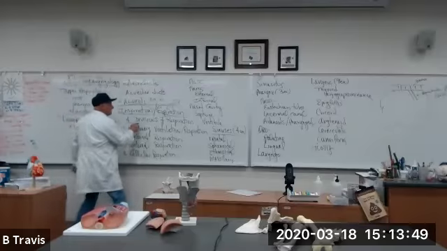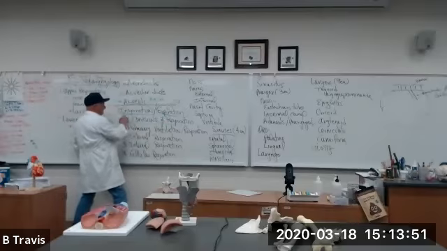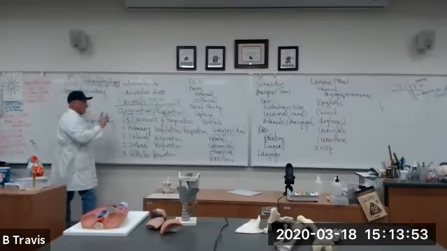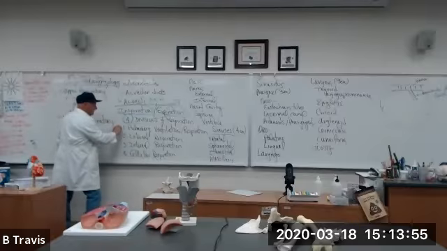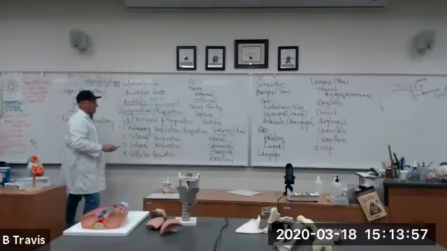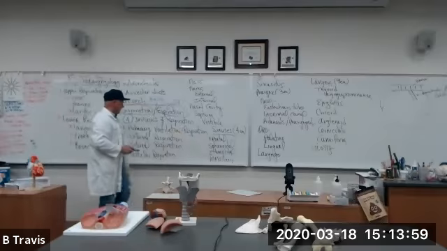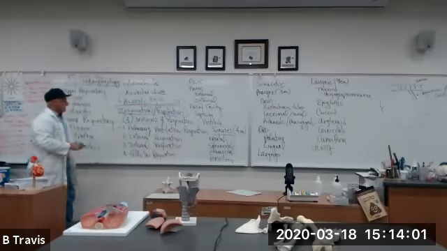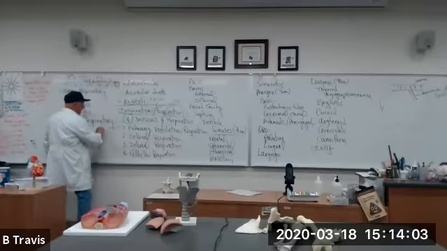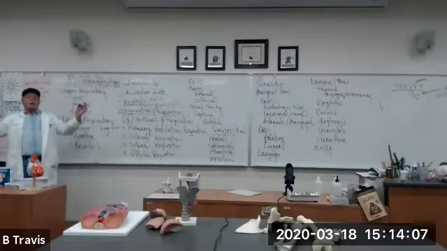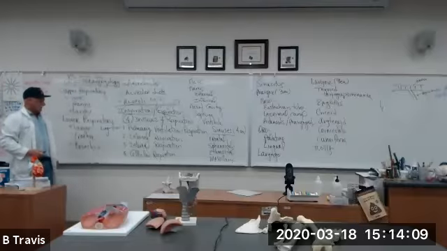There are 4 divisions of respiration. First, and this is on your exam, pulmonary ventilation, also called respiration. Air into the lungs. You're taking in ambient air, bringing it into the lungs.